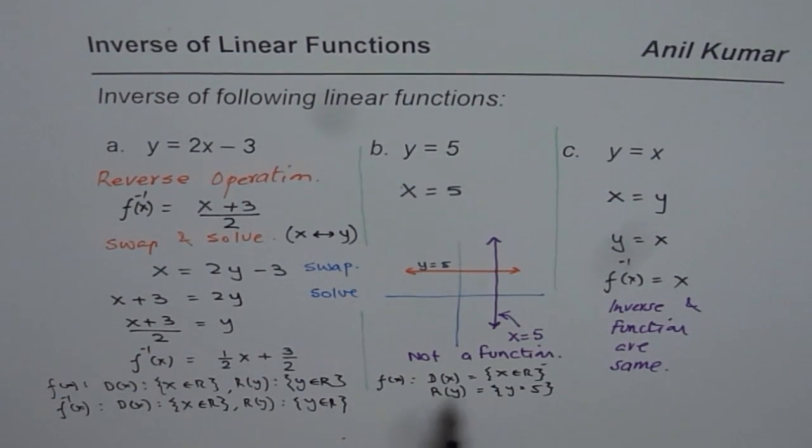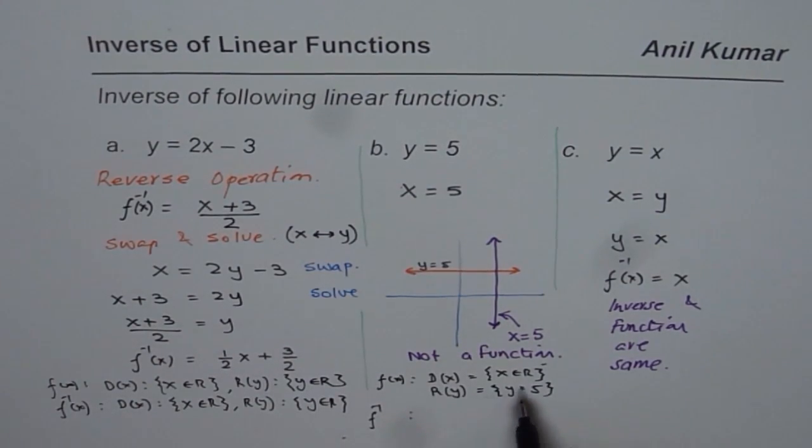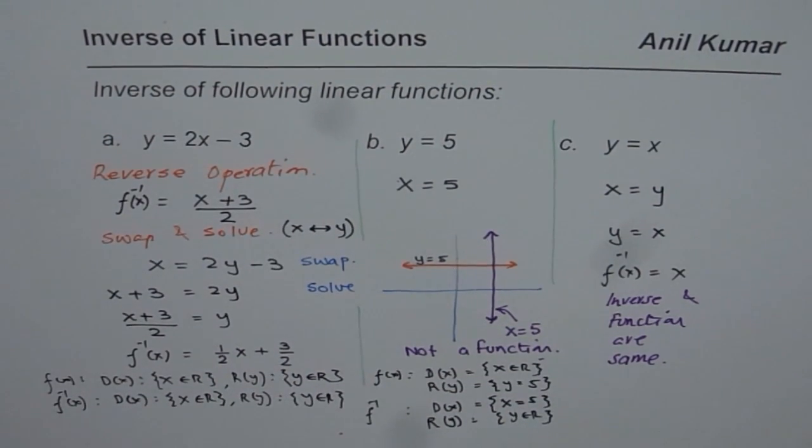Now, if you do the inverse, which is not a function as you have seen, what happens? Domain and range swap, right? So the domain becomes x equals 5, and the range becomes y belongs to real numbers. So whenever you do an inverse, the domain and range swap.